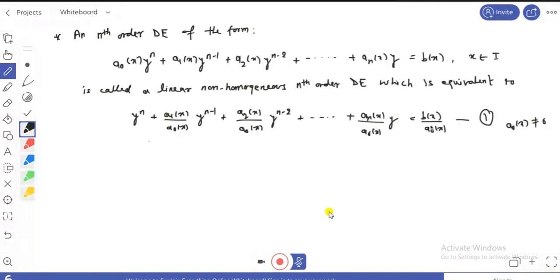So that is a singular point if a naught x equals 0 for any x in that interval. That's why here we consider a naught x not equal to 0.